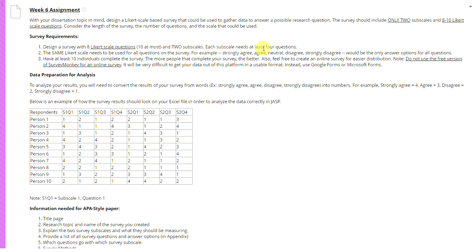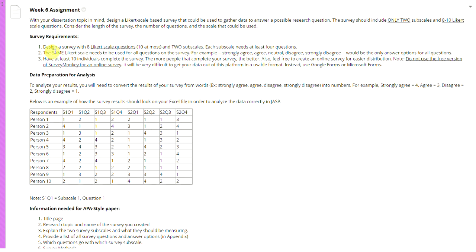Each subscale needs at least 4 questions. The reason for this is that you will literally not be able to analyze the data if you have more questions than you have answer responses. So really important, only 4 to 5 questions per subscale, and you do have those 2 subscales.